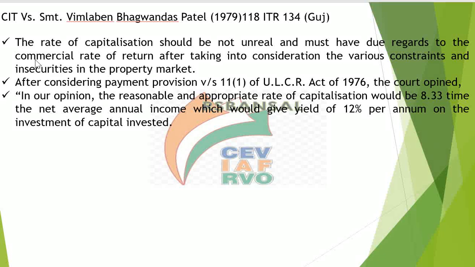So in this case, certain considerations were given for the rate of capitalization, on how it should be decided. Generally they have given a 12% rate of return, or YP equals 100 upon 12, which is 8.33.